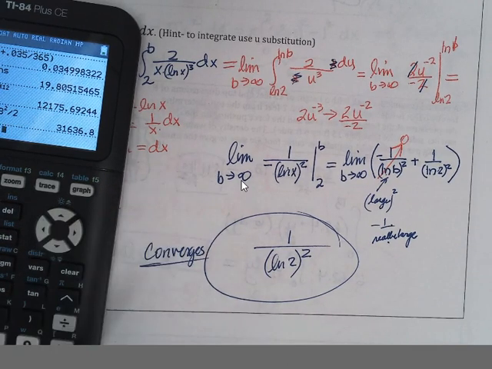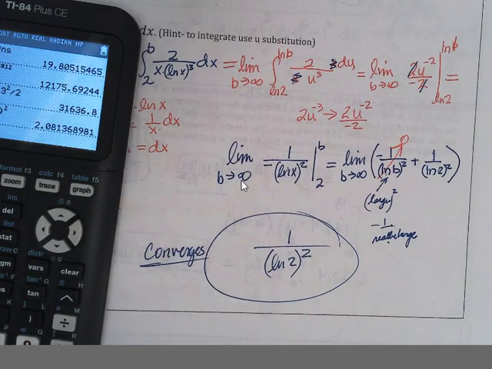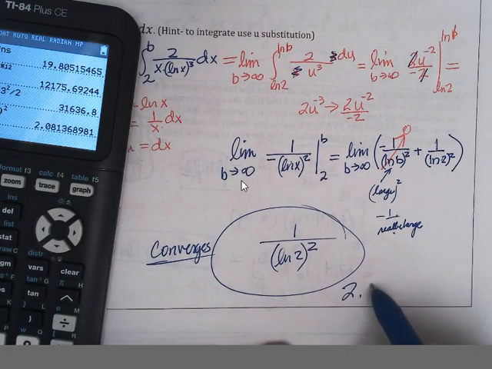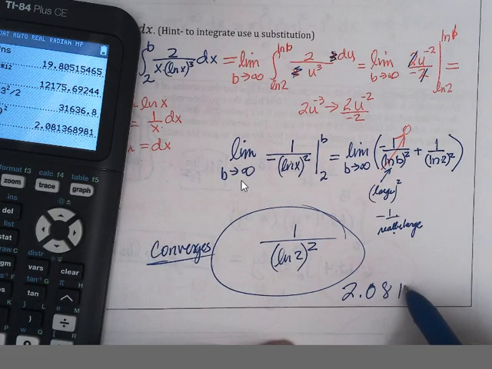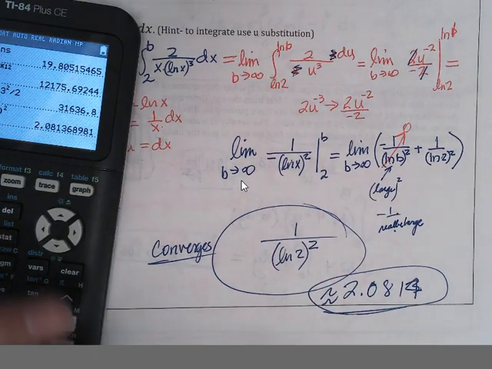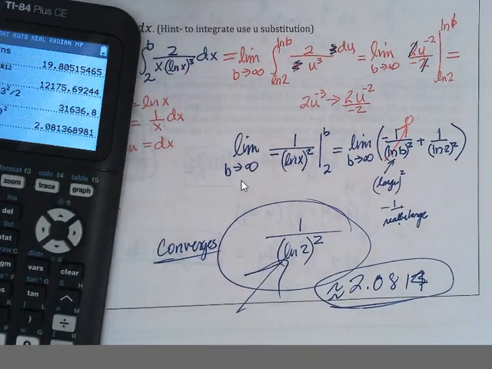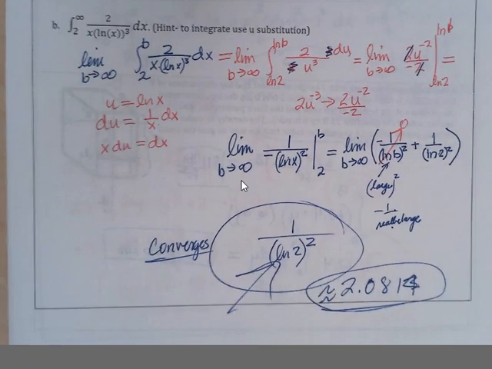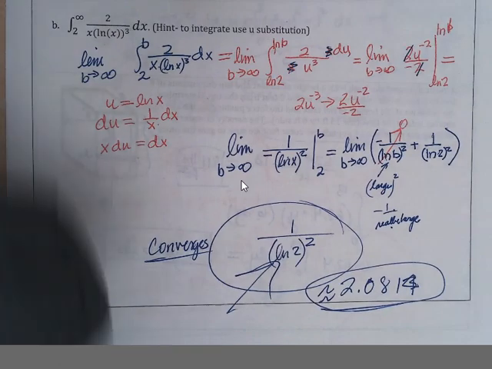And square the whole thing. And it's 2.0813 or 4, something like that, approximately. I would like the exact answer. That's a nicer one. Okay? And that's the rest of the test.